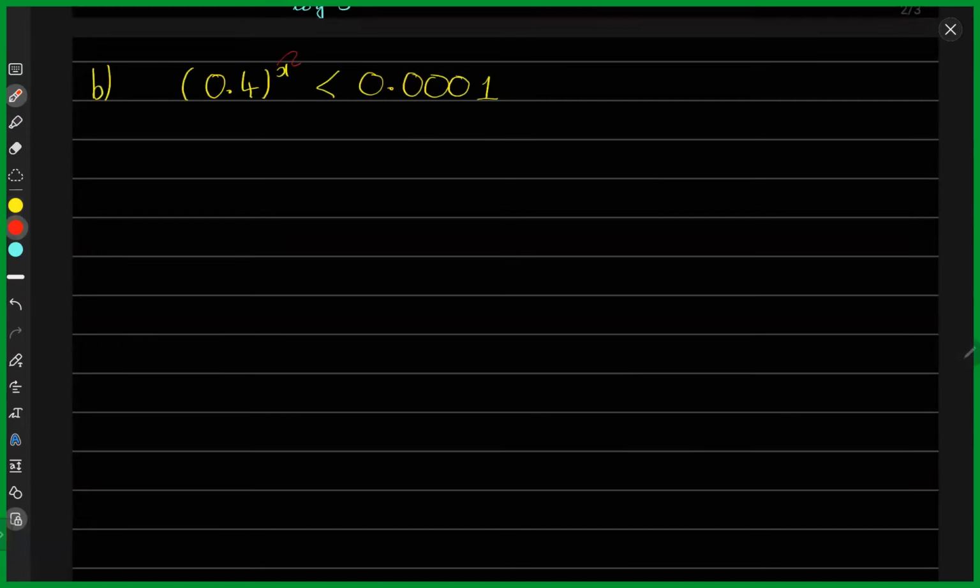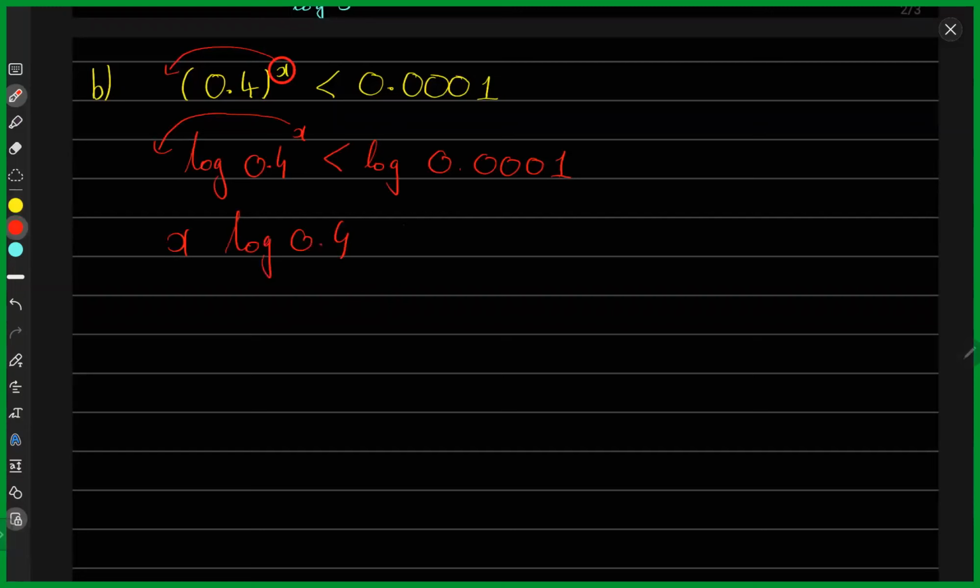Now, in order to simplify this x, I can just take this x over here by taking log on both sides. So again, step 1 is log 0.4^x < log 0.0001. Next, this x would come here and it would become x log 0.4 < log 0.0001.